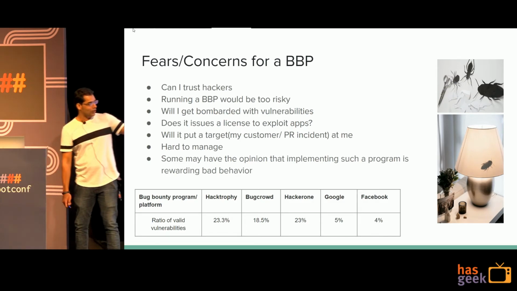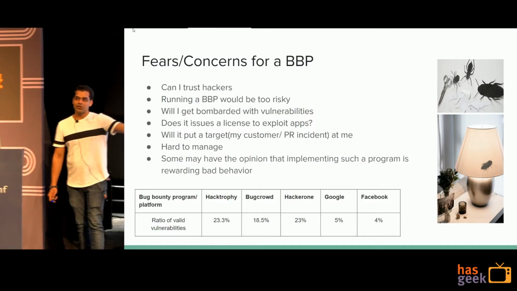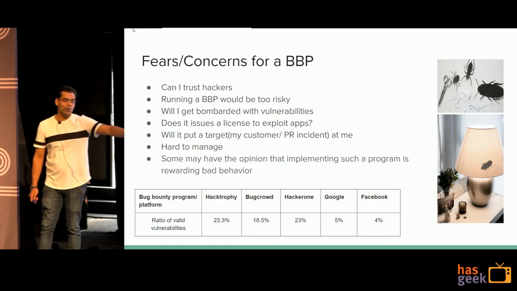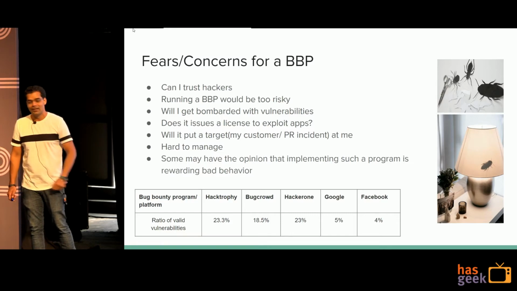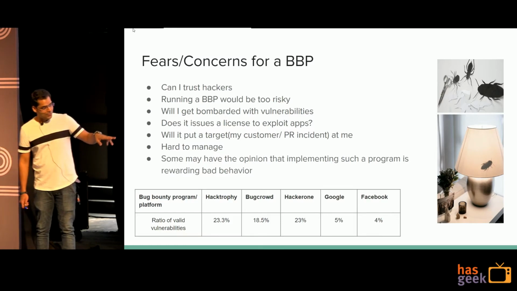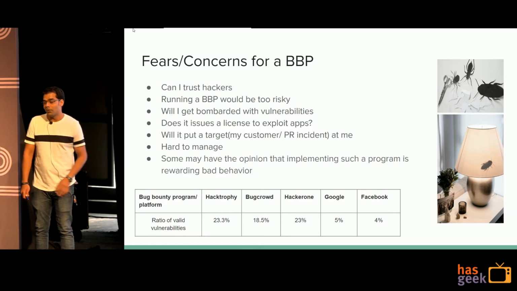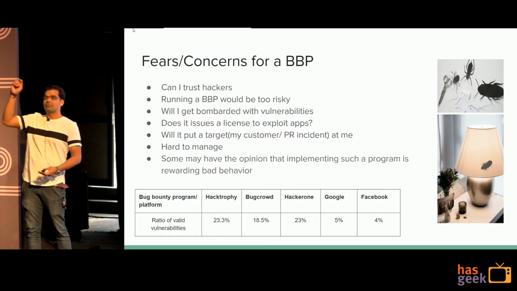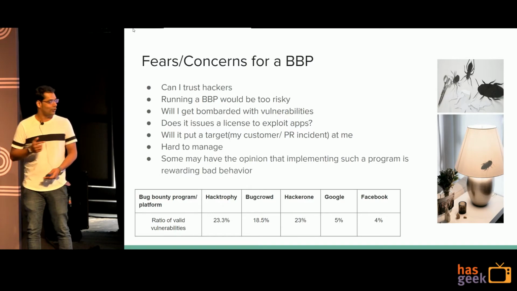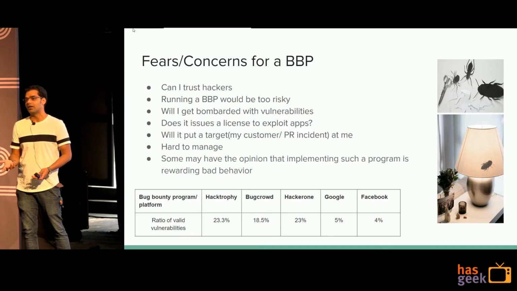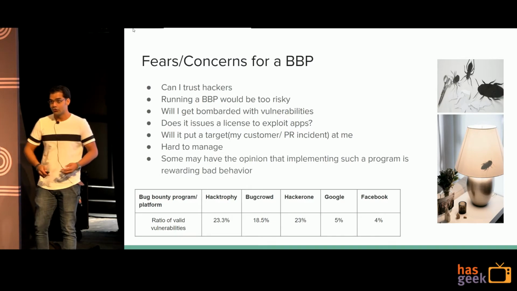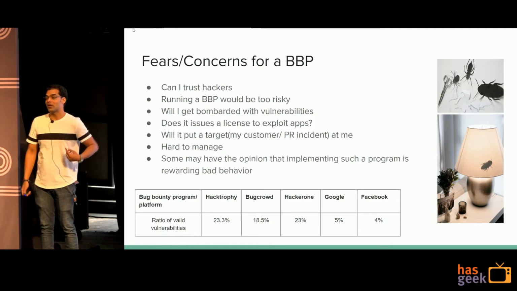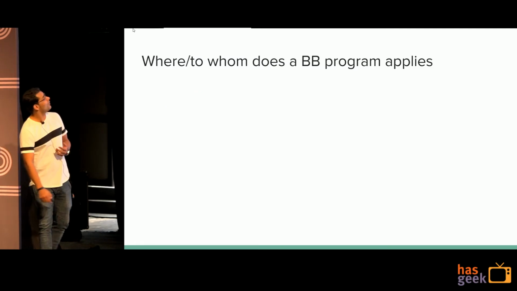Now, one is a commercial platform to manage bug bounties, and Facebook has its own bug bounty program. Think for those 2 companies where it's 5% and 4% valid, the rest of the bugs are invalid. If they have automation, someone is still clicking invalid for 96, 97 bugs. So how should I decide whether to have one or not?